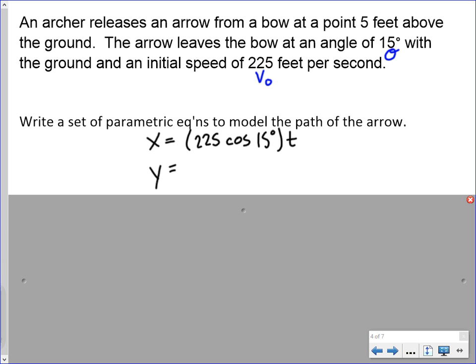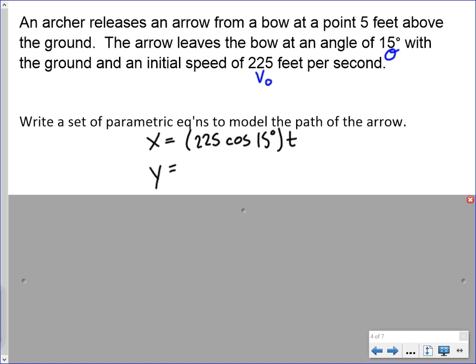And I would say leave it in that notation. Okay? And like we were talking about when we were looking at the equations, this 225 cosine 15 should seem familiar to you from our work with vectors, right? That's the horizontal component of the vector.